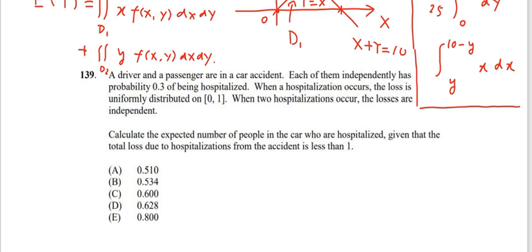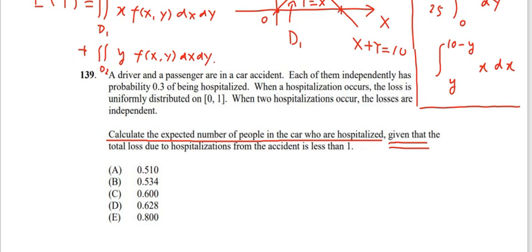So for problem 139, we need to calculate the expected number of people in the car who are hospitalized, given that... so this means we want to find a conditional expected value, a conditional expectation. So we say the number of people who are injured or hospitalized.